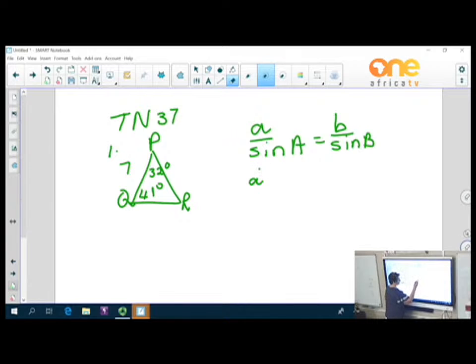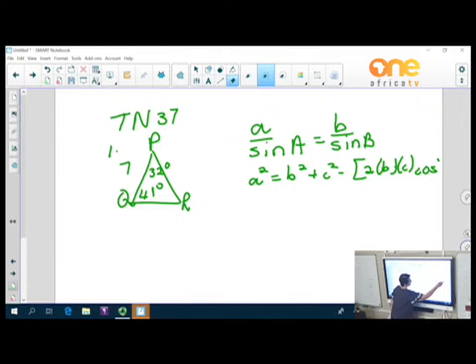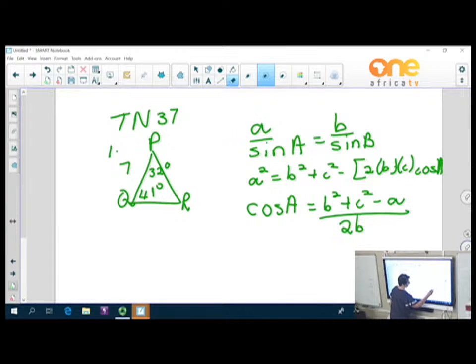This is A squared, which is B squared plus C squared minus in brackets 2BC cosine A, or it is the angle cosine rule, cosine A, which is then B squared plus C squared minus A squared over 2BC.